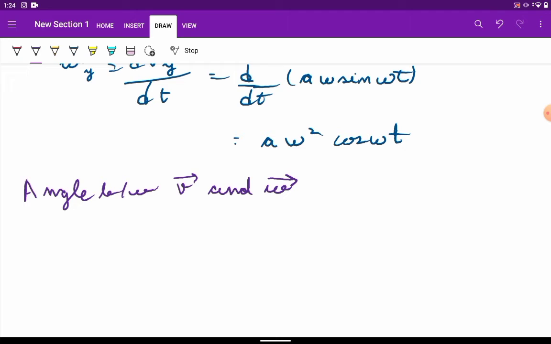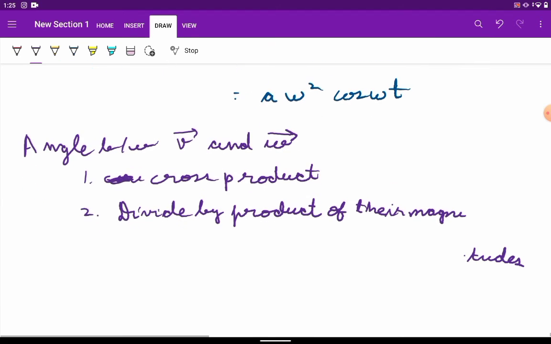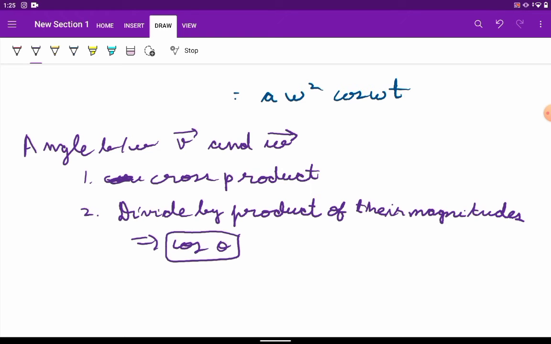You basically need to first find out the dot product, and second divide by the product of their magnitudes. This will give us cos theta, where theta is the angle between these two.